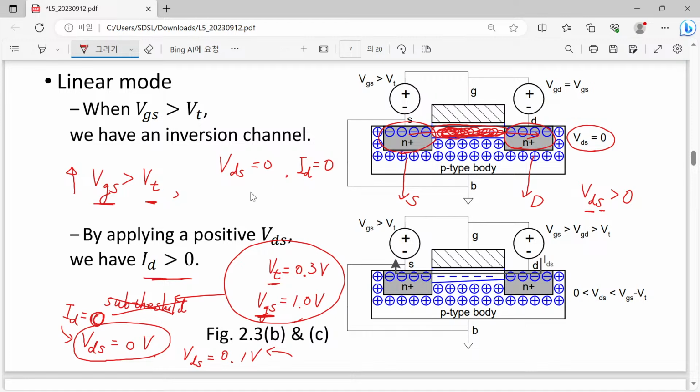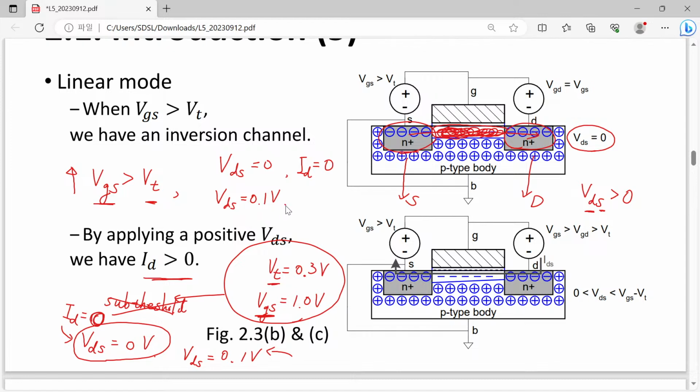So, are you with me? Now we increase to a slightly higher voltage, like 0.1 volt, for example, or 50 millivolt. In this case, this amount of electrons can contribute to current conduction, so ID will be non-zero and a positive number.